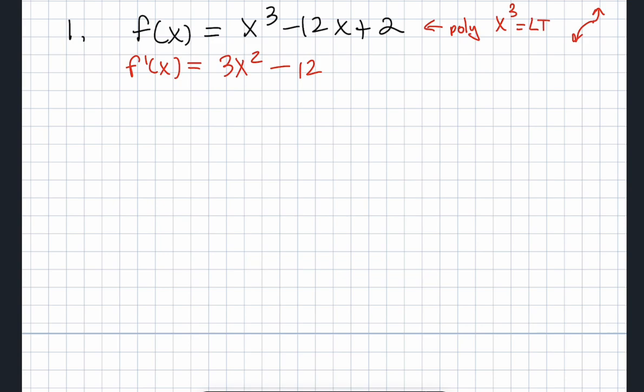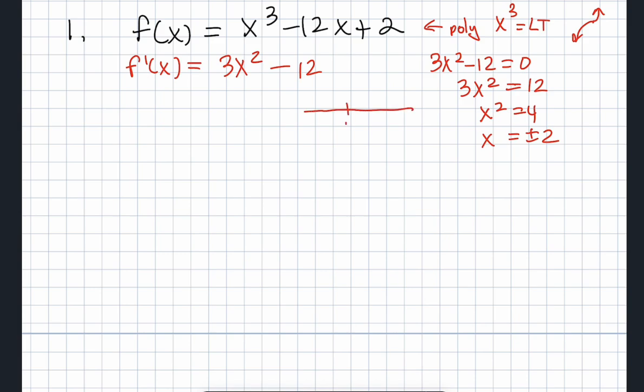Now, if we set that equal to 0, it's only going to have critical points based upon the fact that the first derivative equals 0, and the first derivative equals 0 at plus or minus 2. Now, when you invert the square root, please make sure that you're including the plus and the minus.